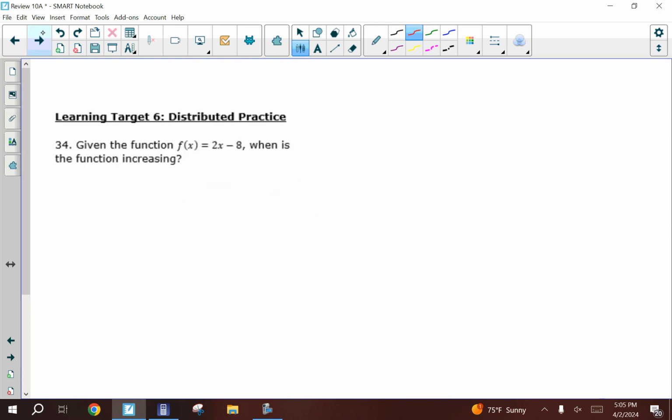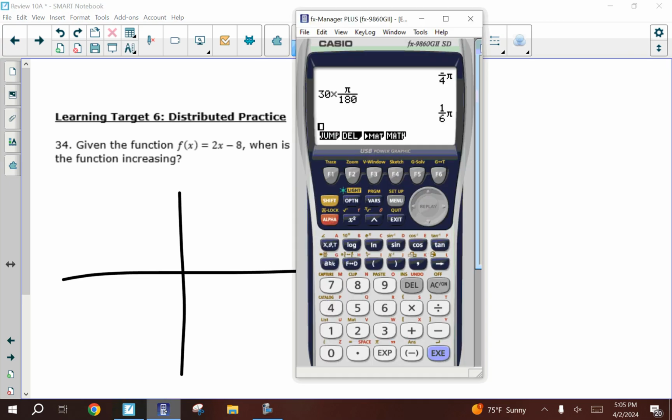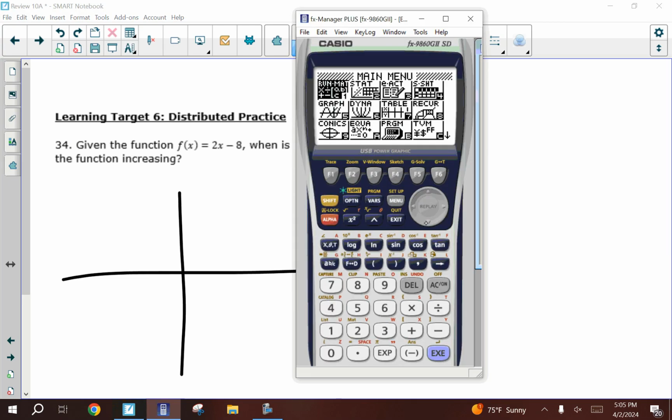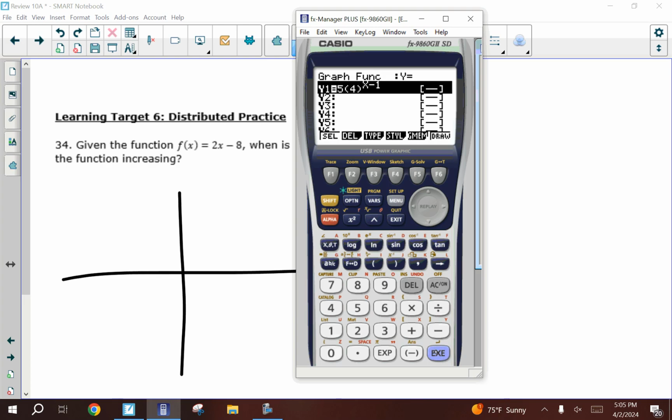Okay, now the review. Given the function, when is it increasing? So you kind of have to look at the graph for this one. So if I was looking at the graph, I could go into menu. I could hit up the graph. Let's get rid of that guy, and I'll put 2x minus 8.